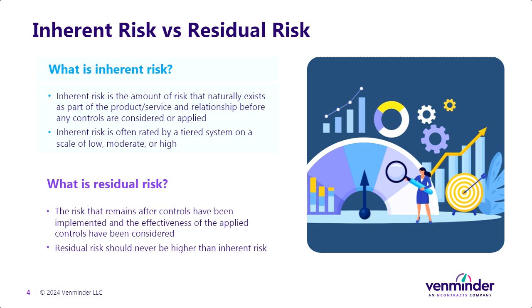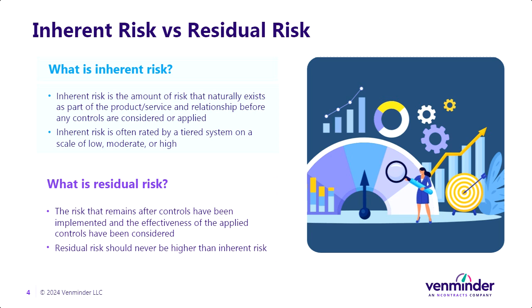This is the risk that exists just because of the type of service they are providing, just because of the access to the data that you are sharing with them. Inherent risk exists before anyone can do anything to lessen that risk. They are natural. Typically, inherent risk is measured as high, medium, or low, or some variations of those labels.